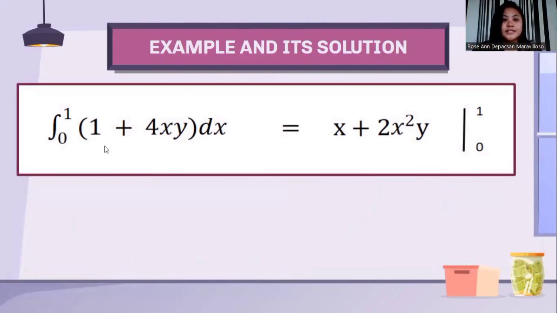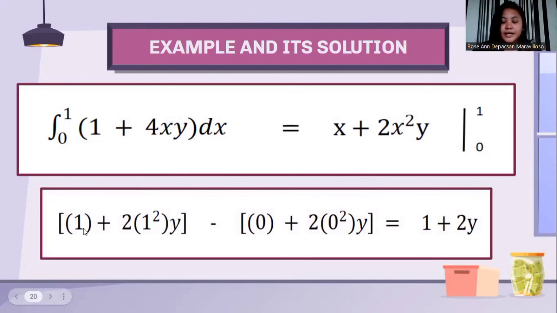So the integral of 1 plus 4xy with respect to x from 0 to 1. As you can see here, the antiderivative with respect to x is x plus 2x squared y, which we will evaluate from 0 to 1. Evaluated at x equals 1, we have 1 plus 2 times the quantity 1 squared y, minus the result when evaluated at x equals 0, which is just 0.